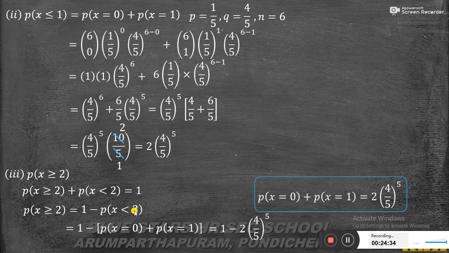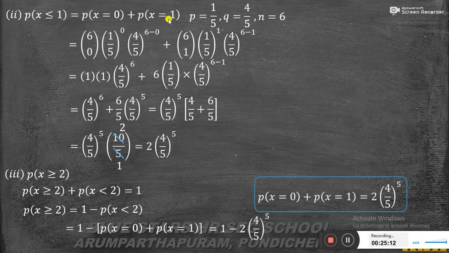Less than 2 means we take the x values smaller than 2, so x equal to 0 and x equal to 1. So we write 1 minus probability of x equal to 0, which we already calculated, plus probability of x equal to 1.